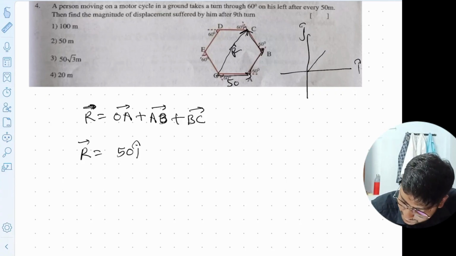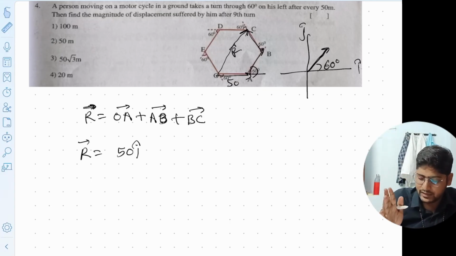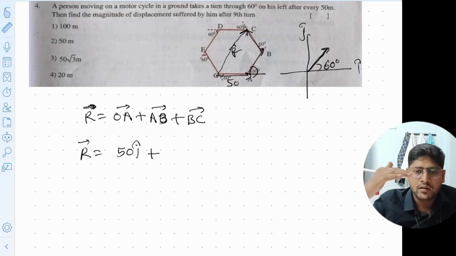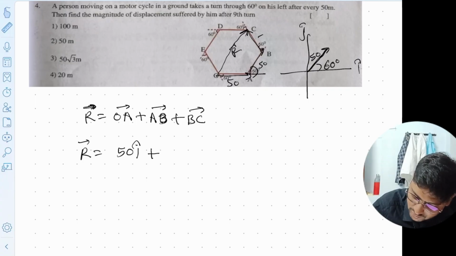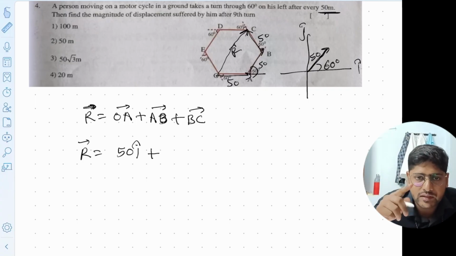The AB vector is making how much angle? The AB vector is making 60 degrees. So we can write the AB vector by taking components: AB cos theta, and AB is also 50 meters.